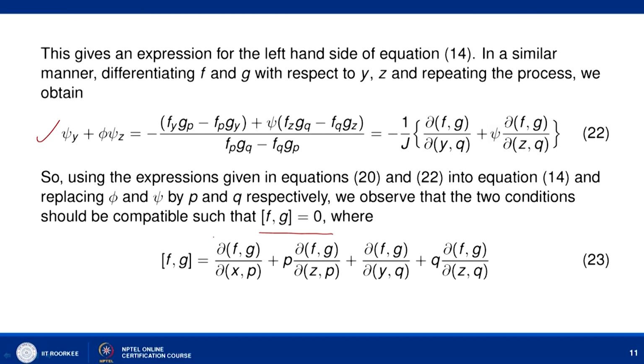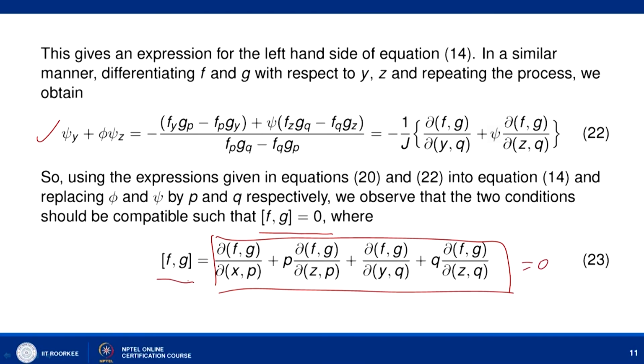When you equate these two, we have the Jacobian of f, g with respect to x, p, plus p times the Jacobian of f, g with respect to z, p, plus the Jacobian of f, g with respect to y, q, plus q times the Jacobian of f, g with respect to z, q equal to 0, and this quantity we are taking as the bracket f, g.